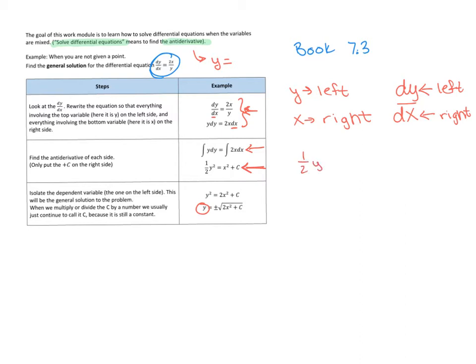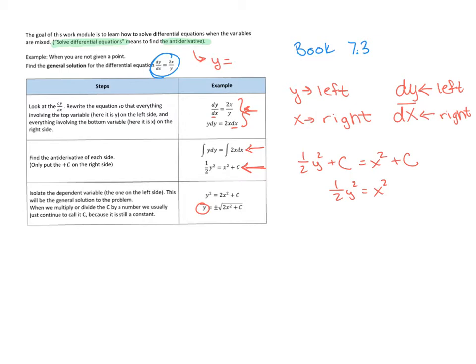Like if I had 1/2 y squared plus c equals x squared plus c, it would be pretty easy to just subtract c on both sides and I would lose it entirely. And the reason why we can't do that is because even though there might be a constant on both sides, they're not necessarily the same constant, so they might not subtract out of the problem.